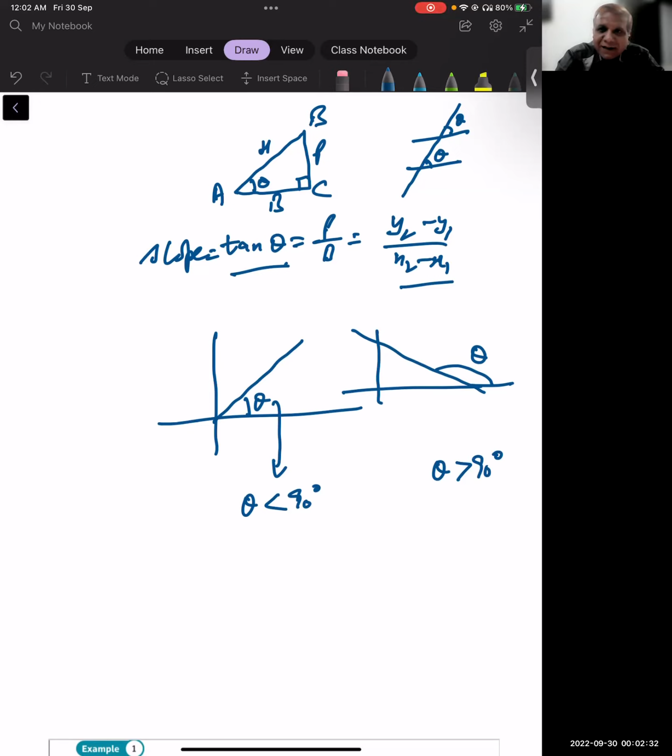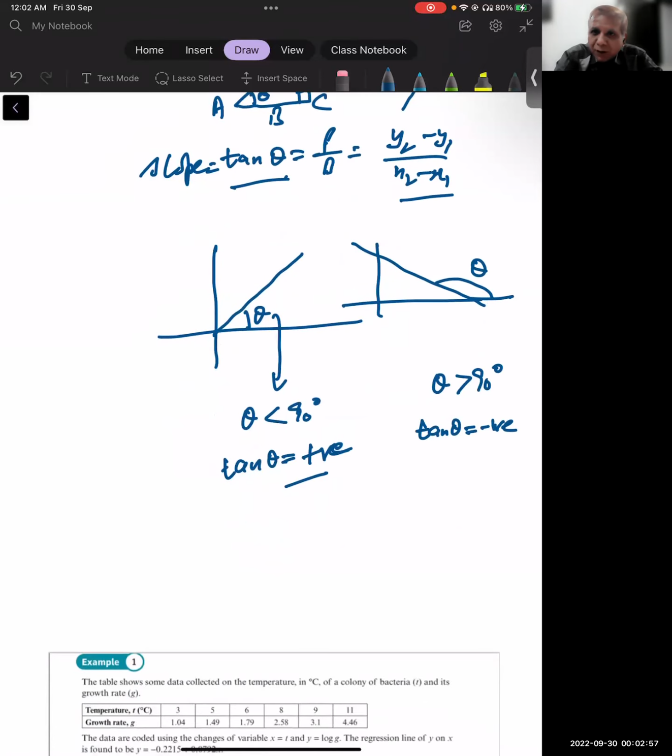If theta is less than 90 degrees, will tan theta be positive or negative? Tan theta will be positive. When theta is greater than 90 degrees, tan theta will be negative. That means this is a positive slope and this is negative.